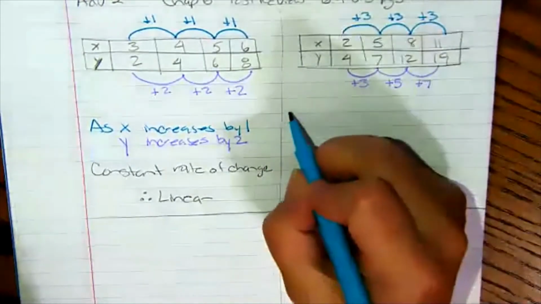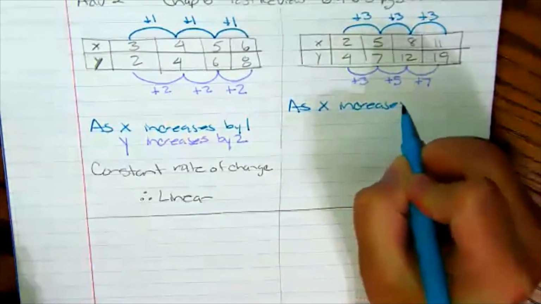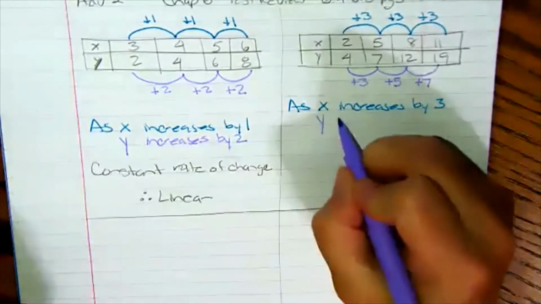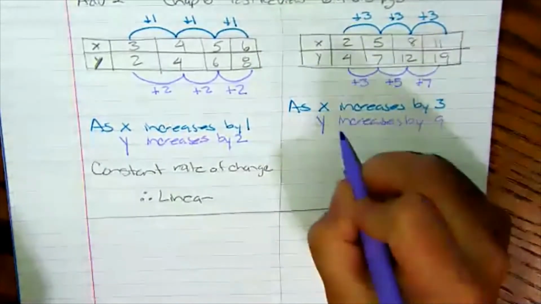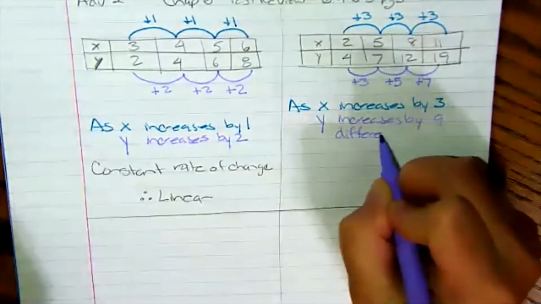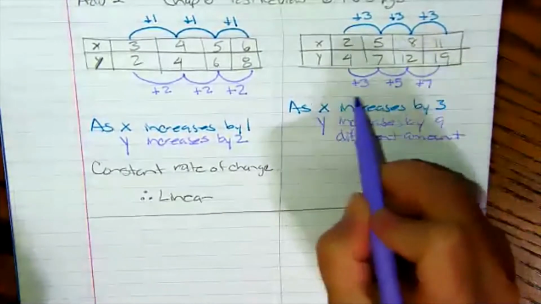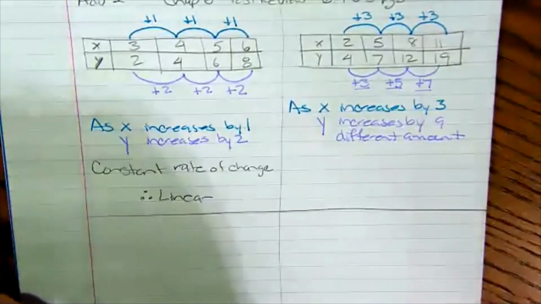So we can say, as x increases by 3, y increases by a different amount. It's not constant. We have a +3, a +5, and a +7. It's not the same.